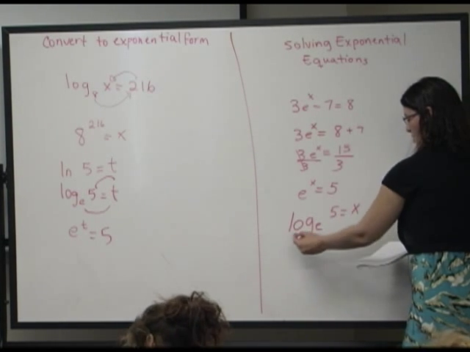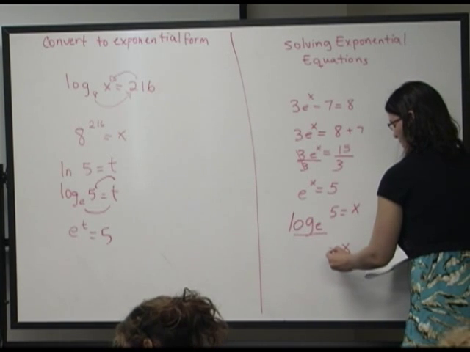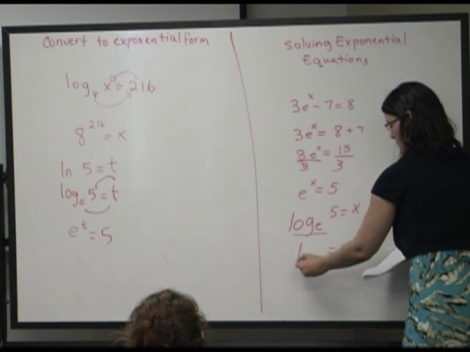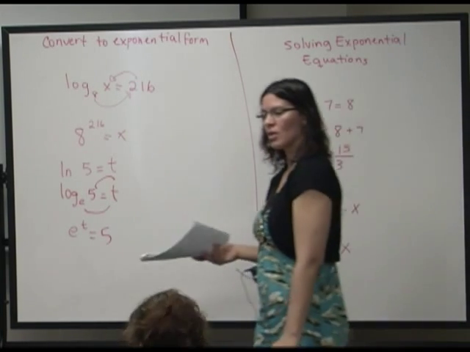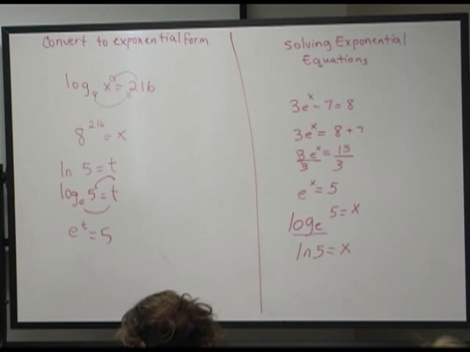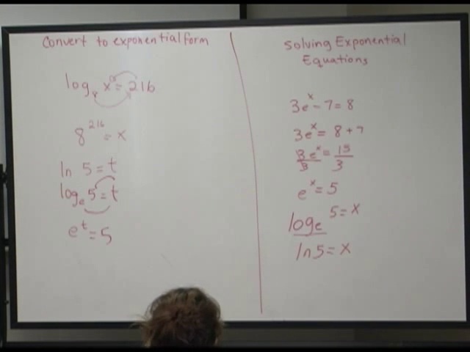So x equals ln of 5, right? And the natural log of 5, you can do that in your calculators, and all of you know how to do that. It's the ln button in your calculator. This is fine.